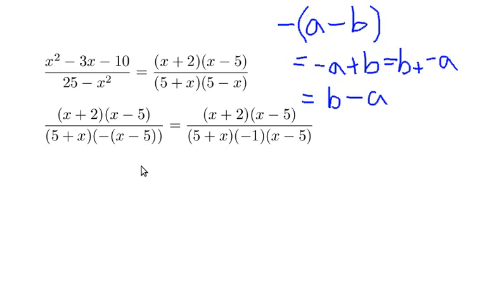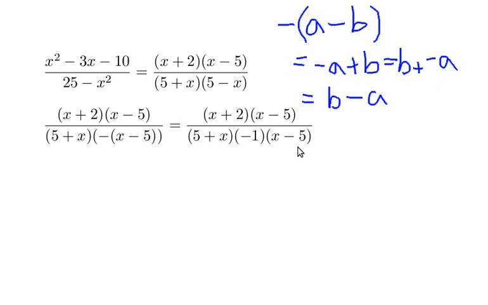Now all I did here was decide that this means the same thing as negative 1 times x minus 5. That's just what the negative means, more or less. I did that so that I can see more easily where I can cancel.